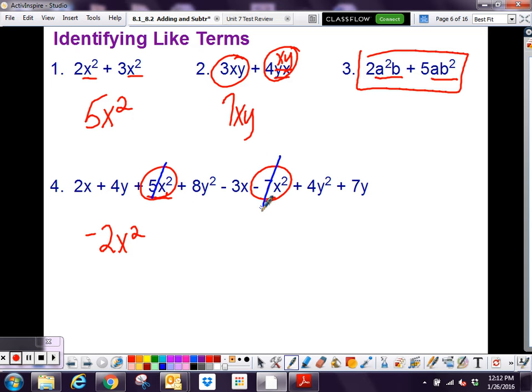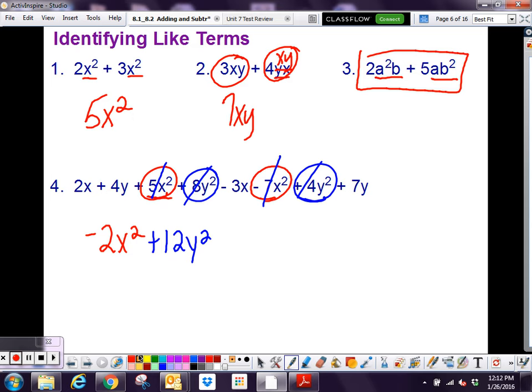Since we write these going from the highest exponent down to the lowest, I'm going to do my y squareds now, so I can get all my squareds out of the way. I've got an 8y squared and a 4y squared, so that's a positive 12y squared. I'm going to mark those out. Now I'm going to go back to my x's.